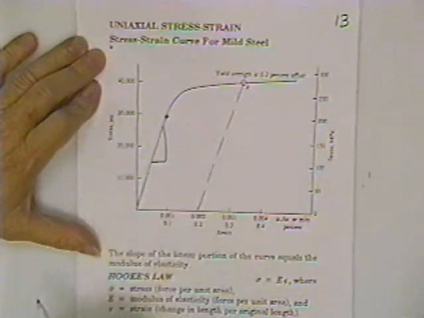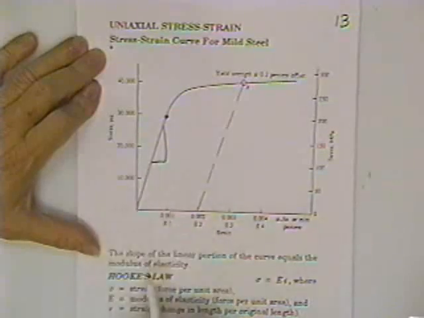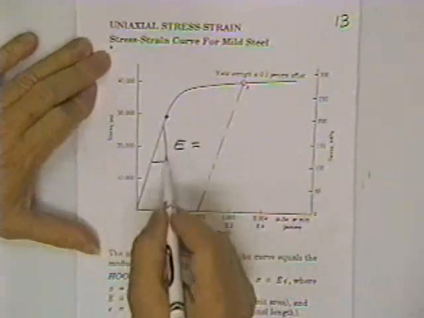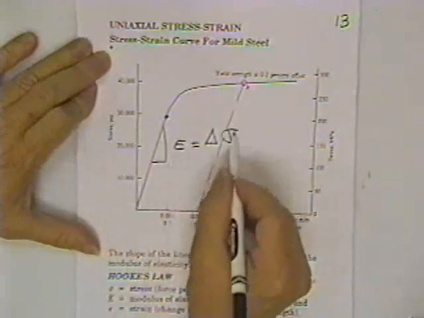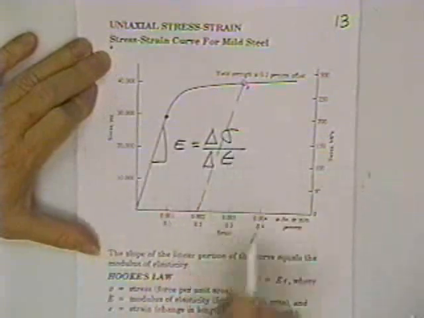Yeah, it goes nonlinear around in there somewhere. Where's the yield strength? 2% yield strength. E, of course, is the slope of this line. That would be some change in stress divided by a corresponding change in strain.